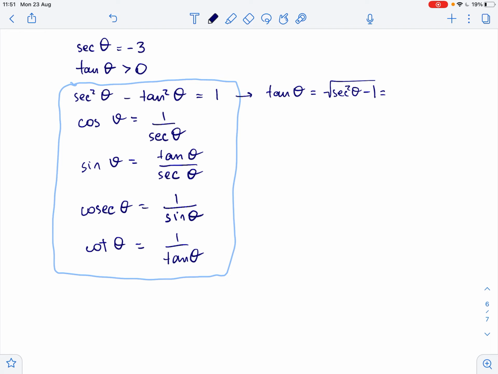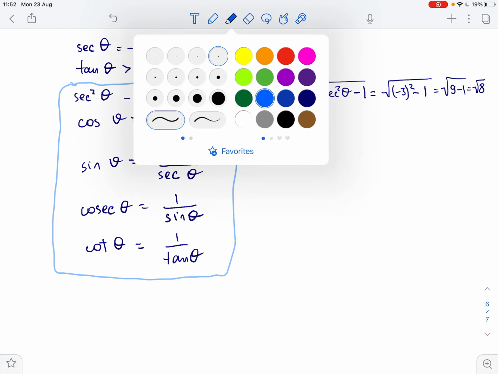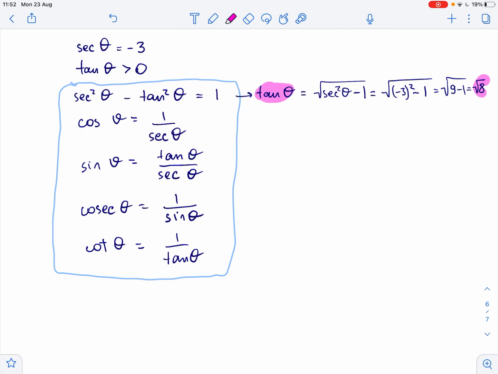In our case, secant of theta is -3, so this is square root of (-3) squared minus 1. This is square root of 9 minus 1, so this equals square root of 8. Let me move this a little bit to the left. So tangent of theta, I'll use other color to highlight. Tangent of theta equals square root of 8.